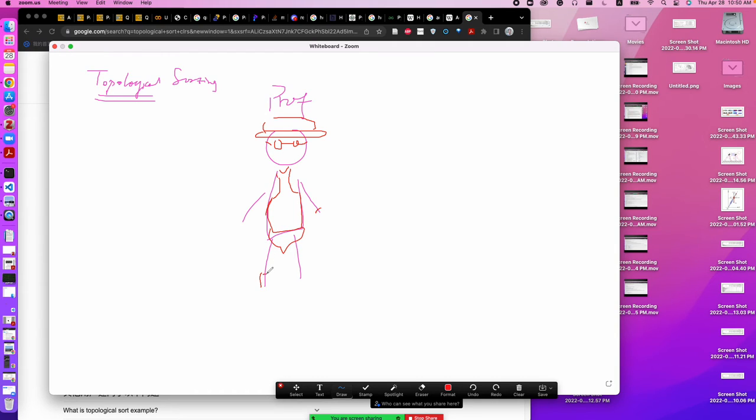Maybe your socks, maybe a pair of shoes, and then trousers, right, maybe a t-shirt, maybe gloves, maybe in the winter, maybe a coat, right? So that is the order, right?